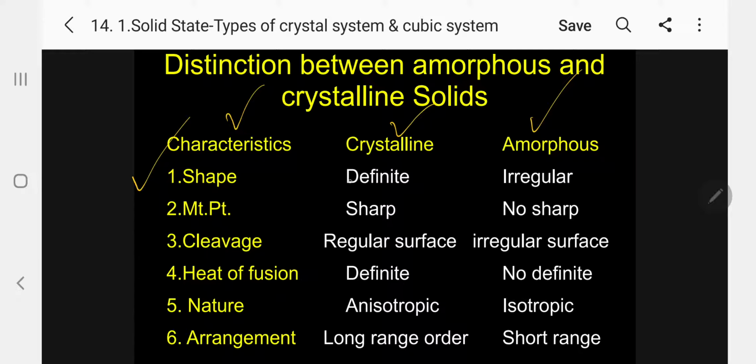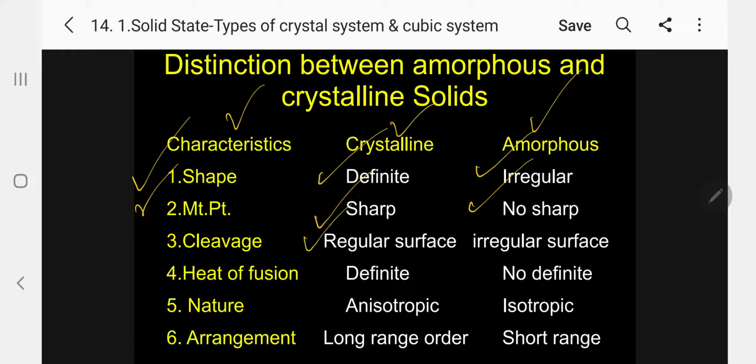All crystalline solids have definite shape, whereas all amorphous solids are irregular in shape. Coming to physical property, typically melting point, crystalline solids have sharp melting, whereas there is no sharp melting in the case of amorphous solids.